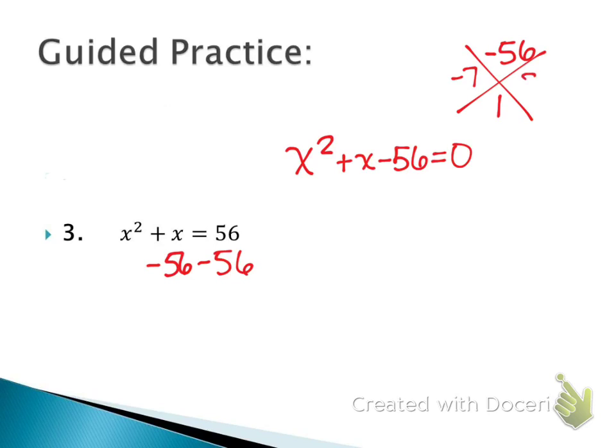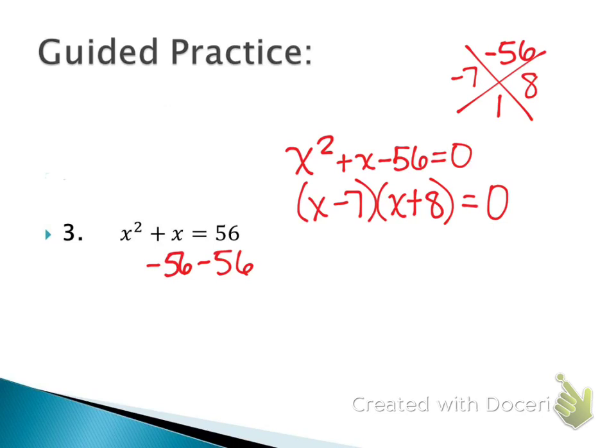Negative 7, positive 8. So I want my 1 to end up positive. So I use that to write this in factored form. What is it in factored form? X minus 7, x plus 8 still is set equal to 0.